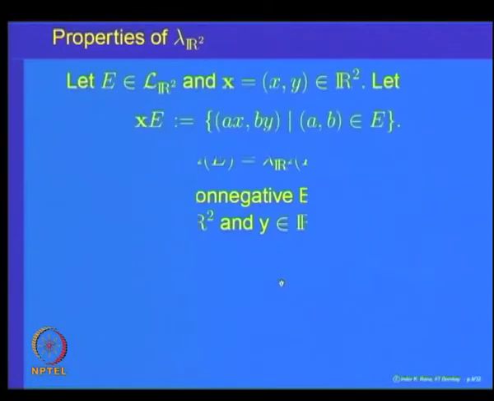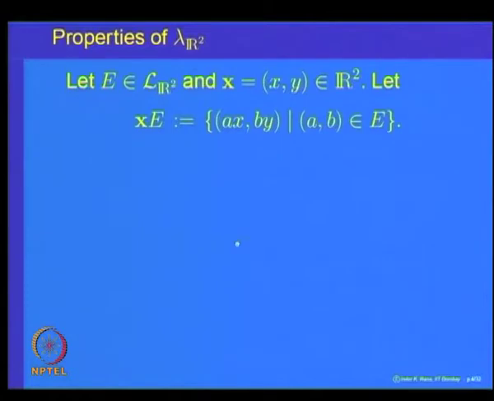So, today we will start looking at another transformation on the plane, namely for any vector x with components x and y in R 2. Let us see how the measure changes if we multiply every element of a set with this vector.